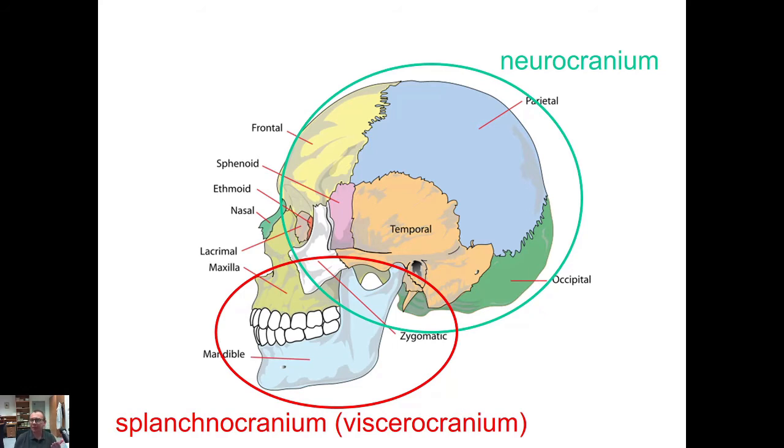They are classified as the bones of neurocranium surrounding the brain, and splanchnocranium or viscerocranium, I don't know what exactly do you use in anatomy, which is around the cranial end of digestive tube. So it is anatomical classification of the cranial bones.